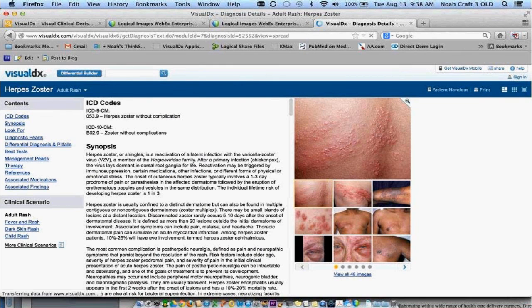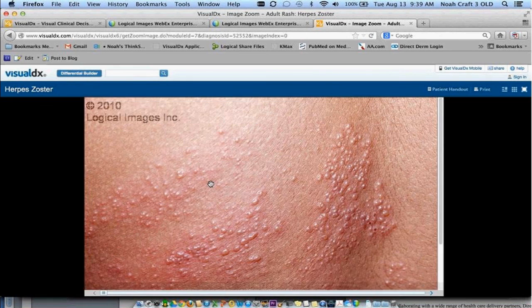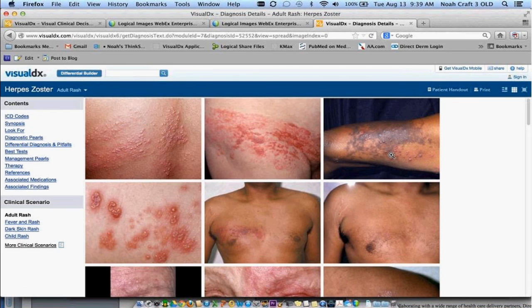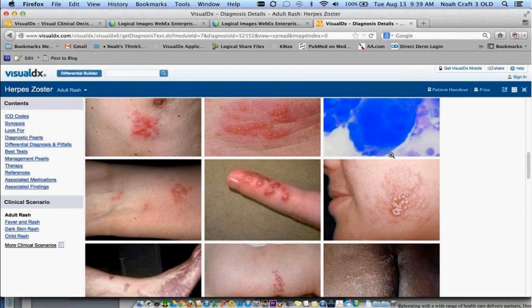If you're not quite sure whether you're looking at herpes simplex, you can see how the vesicles of herpes zoster can really start to coalesce into these large plaques that will eventually erode as well. So that's one thing to make sure of, whether you're looking at herpes simplex or zoster.